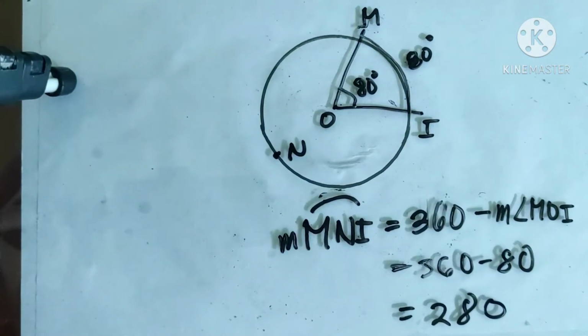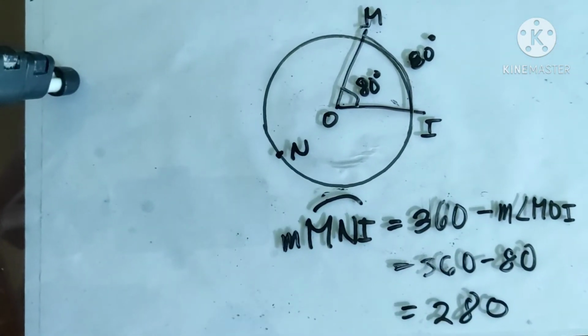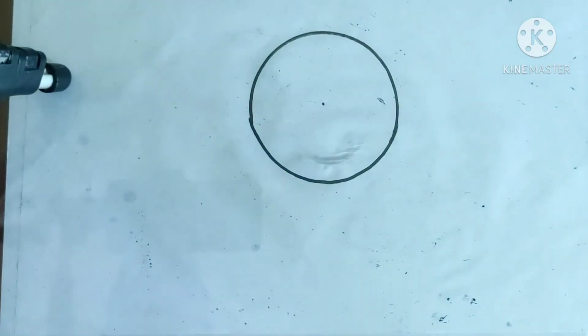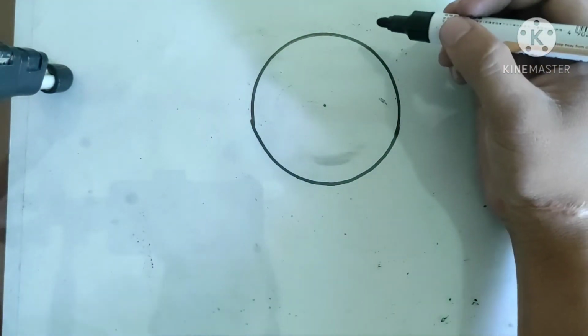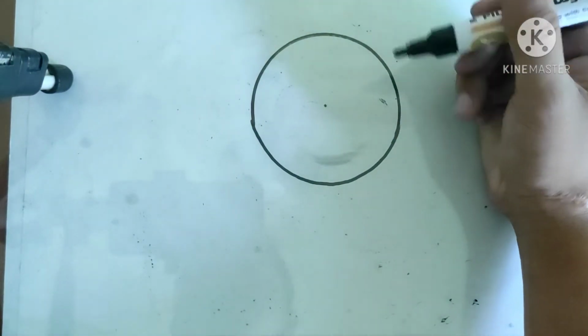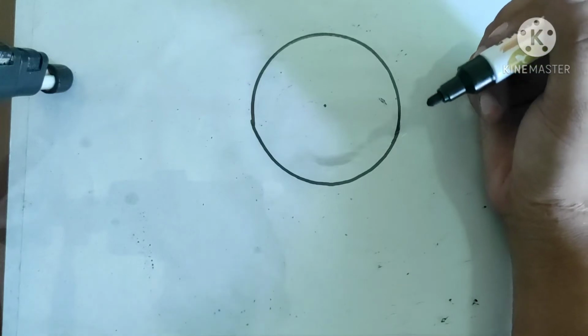We have 280 pala. Okay. So, after natin makuha yung degree measure ni major at ni minor, itry natin kunin yung degree measure ng ating semicircle.